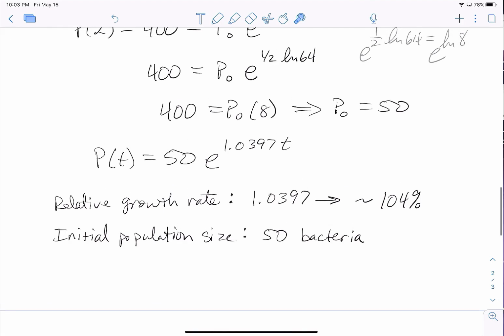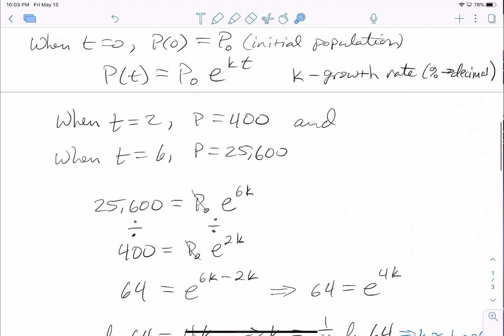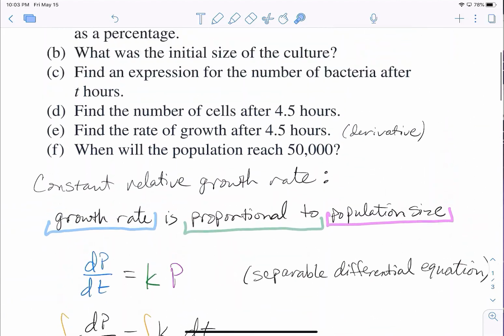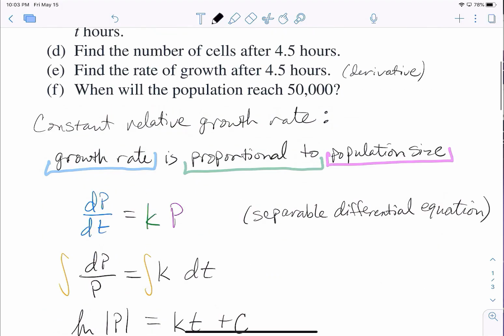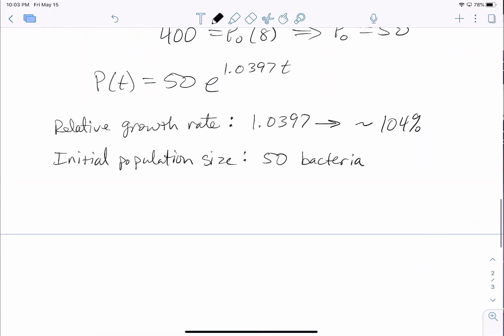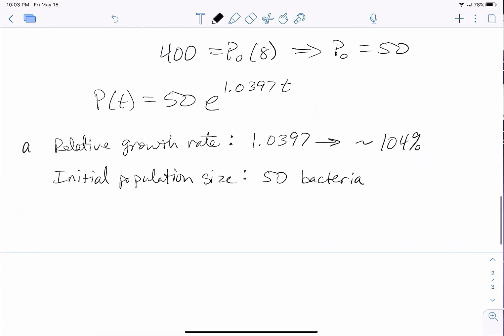Now, let's go back and see what we were asked for. Wow, that's a lot of writing. What is the relative growth rate? Express your answer as a percentage. We did that. What is the initial size of the culture? We found that. Find an expression for the number of bacteria after T hours. We found that. Let's parse this out. So the relative growth rate, that's part A, about 104%.